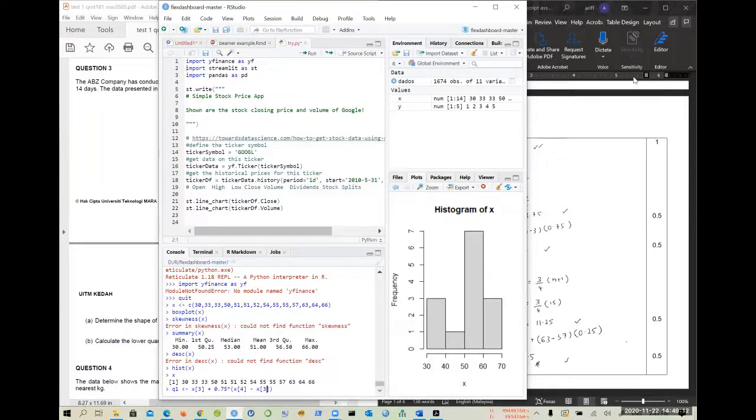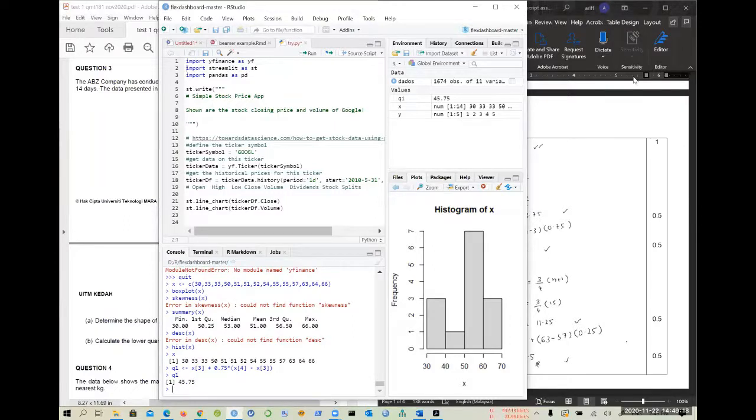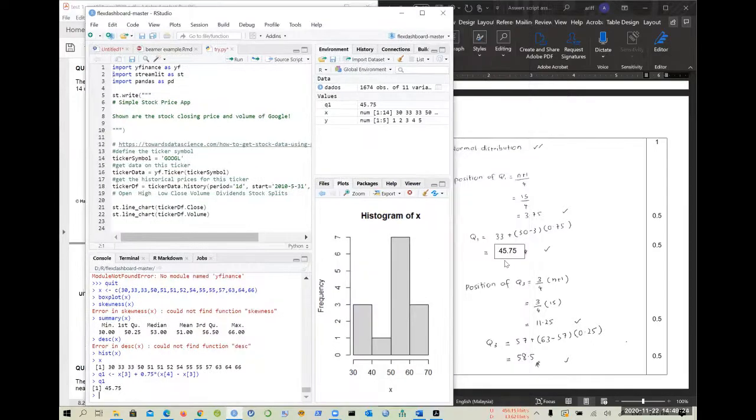Okay, let's check whether so Q1. Okay, you get 45.75. Okay, so you dapat ni. So 45.75. So this is the location.